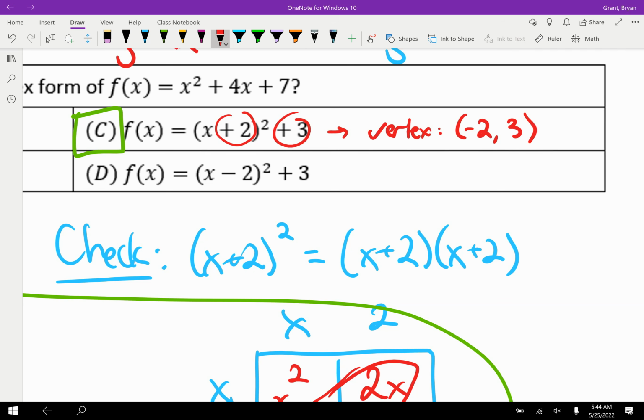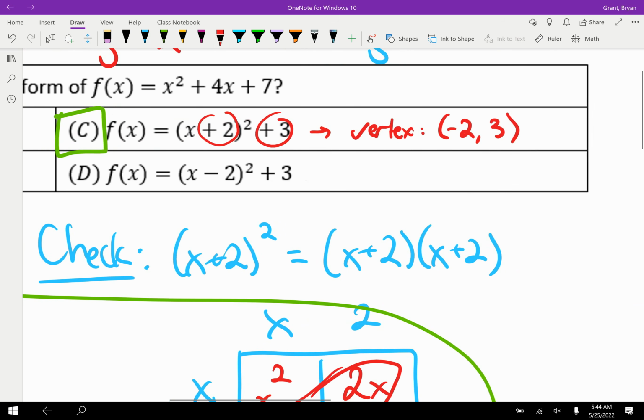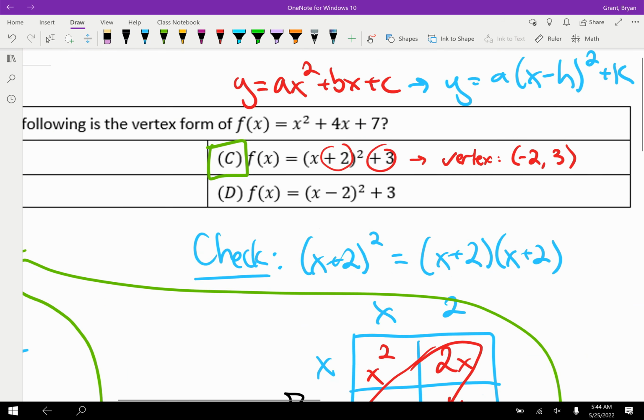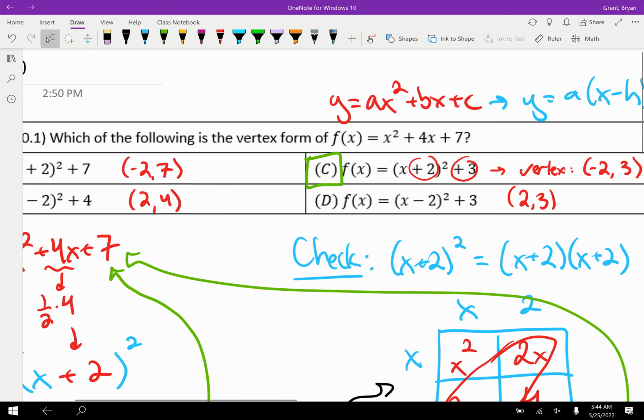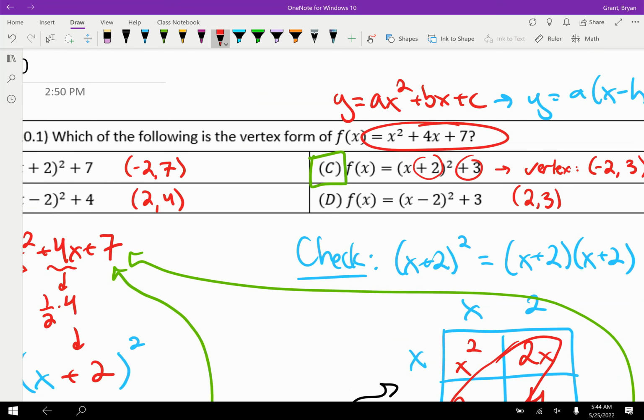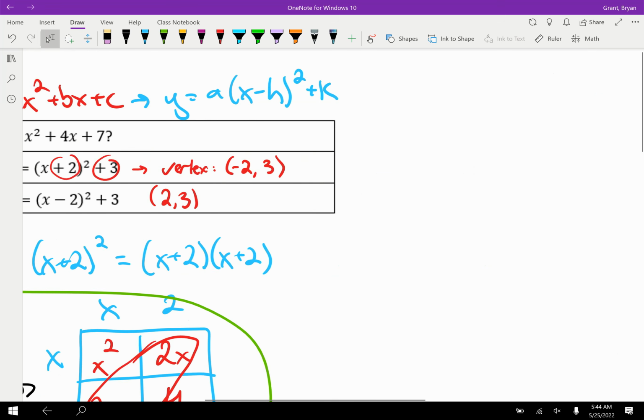If we know that is the vertex, then couldn't we just find the vertex and match it? Because all the vertices here are different: 2, 3; negative 2, comma 7; and 2, comma 4. So if we find the vertex of this equation, we just have to match the one that has the right vertex, and we're set.